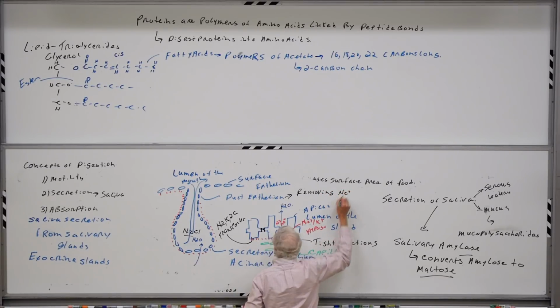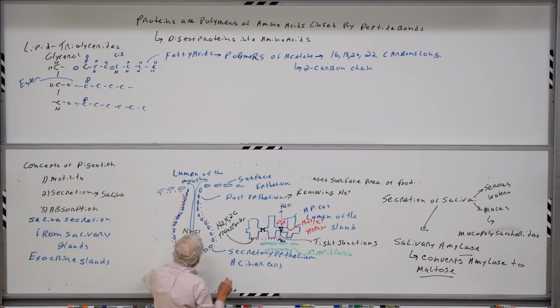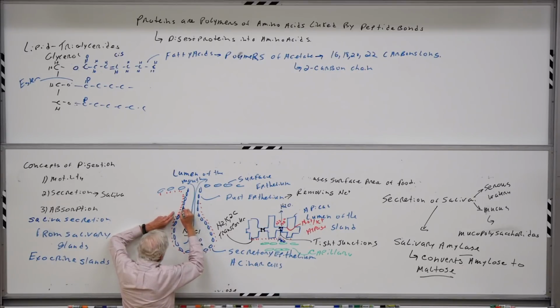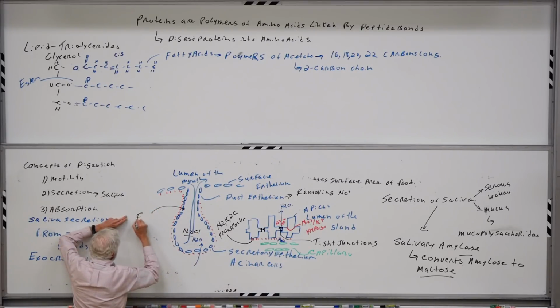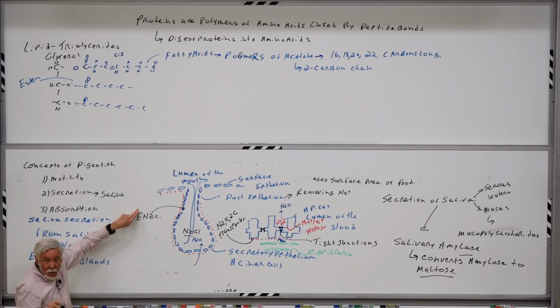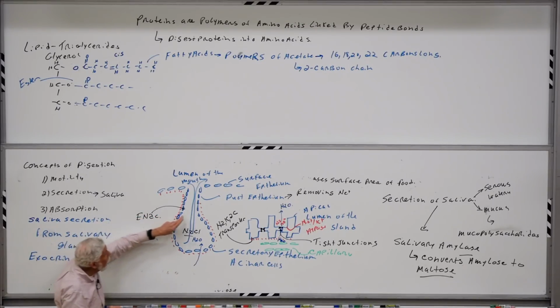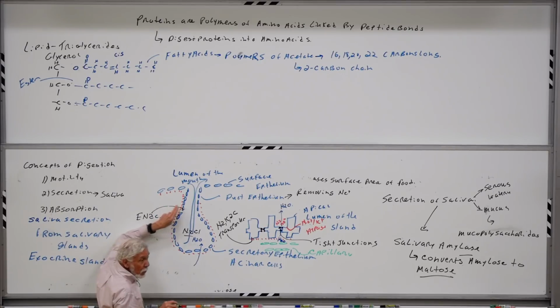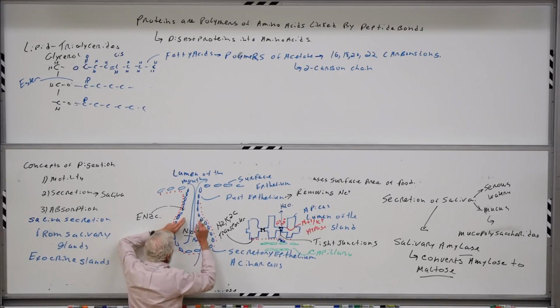sodium. So one of the characters along these cells will be the ENaC. Remember, we saw ENaC in the distal convoluted tubule. And so now we can help remove the sodium simply down the concentration gradient by letting the sodium enter the cell. Also, what we'll find is that there are sodium-potassium pumps, which are going to move sodium into the cell.